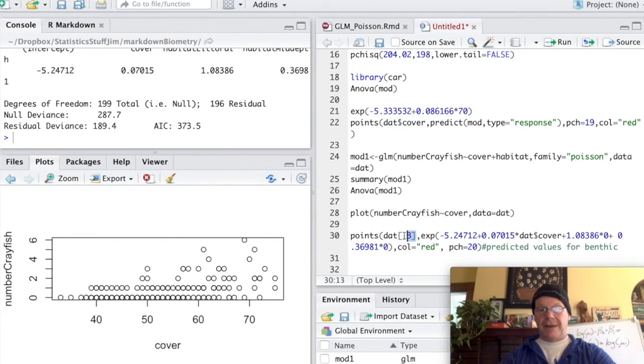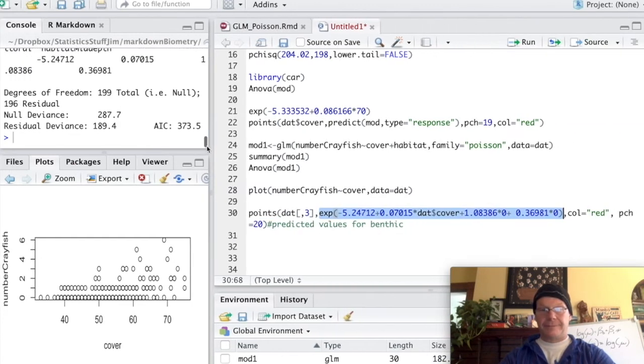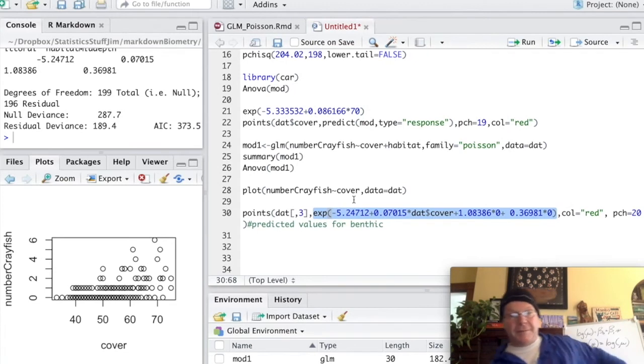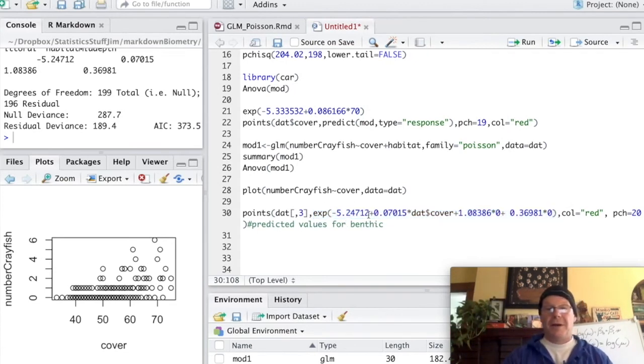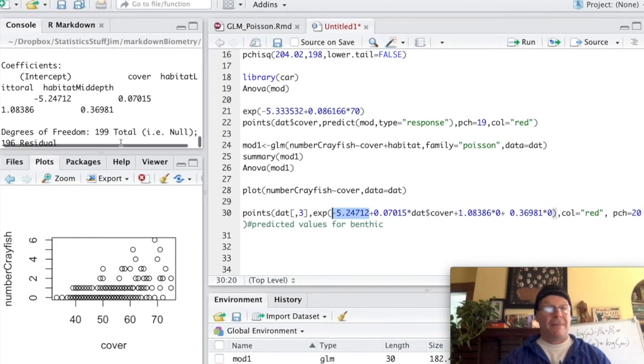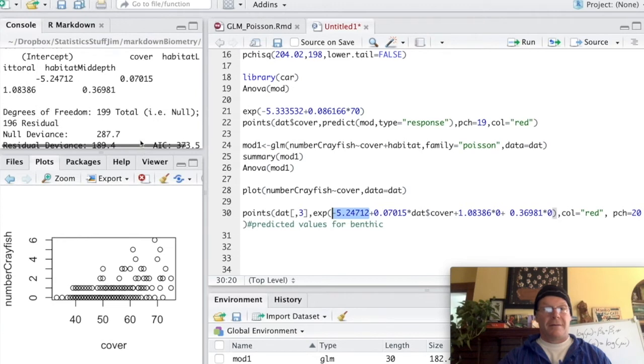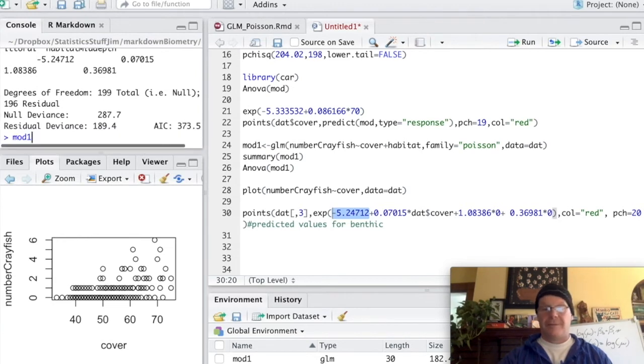So on the x-axis is going to be the amount of cover for each of those. And then here again is our model. Okay, it's going to be exponentiated because we're dealing here with this log link function, but everybody gets the intercept. Okay, maybe make that look a little bit prettier.